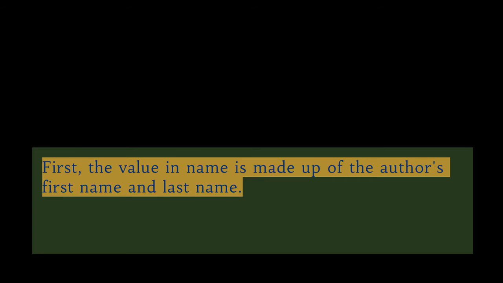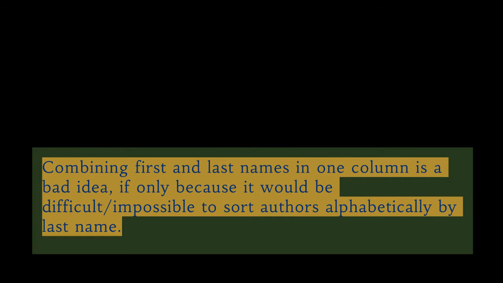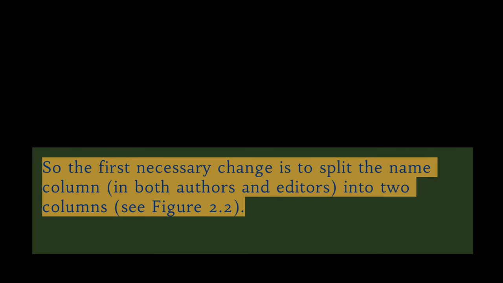First, the value in name is made up of the author's first name and last name. Combining first and last names in one column is a bad idea, if only because it would be difficult or impossible to sort authors alphabetically by last name. So the first necessary change is to split the name column in both authors and editors into 2 columns. See Figure 2.2.